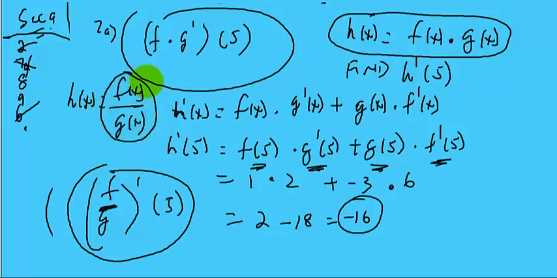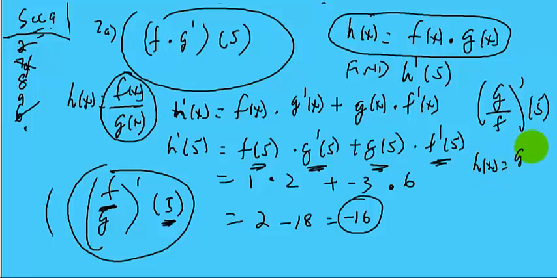Quotient rule. And then after you take a derivative, you're going to plug in what number? 5. But what do you think they mean when they write something like (g over f) of 5? That h of x is really g of x over f of x, and then they want you to find h prime of 5. Take a derivative, evaluate at 5, take the values they give you, and plug them in.